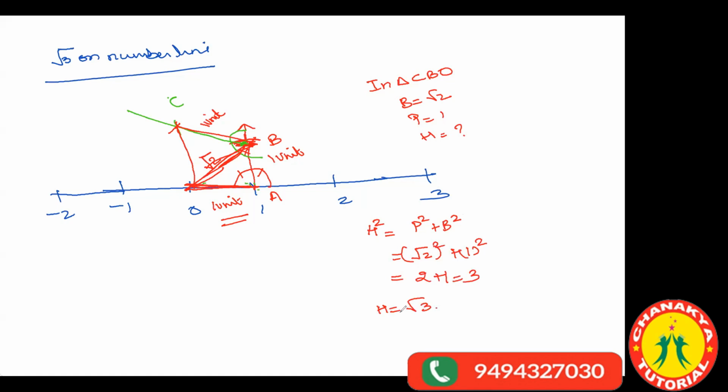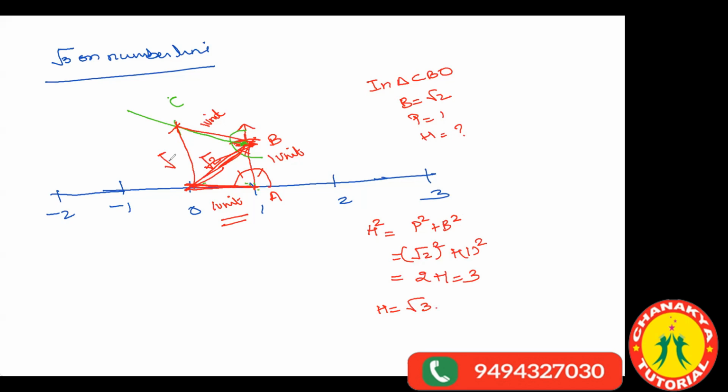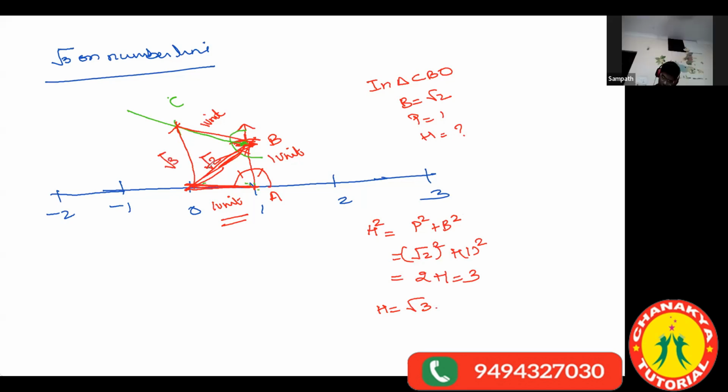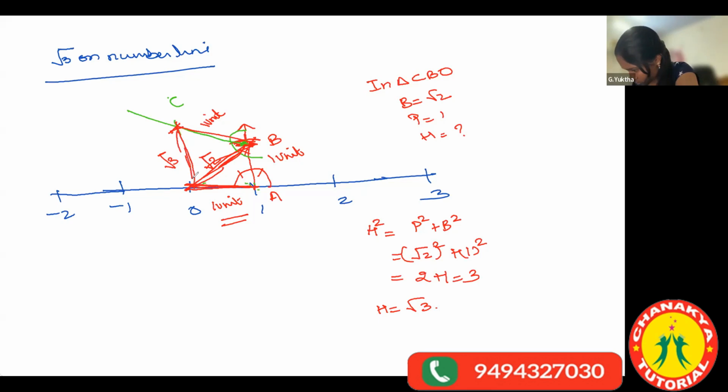Clear this thing? Yes, ma'am. Now the length of this OC will be root 3, children. What will the length be? Root 3. Clear? Yes, ma'am. Now take radius OC in your compass, this much, this radius OC.